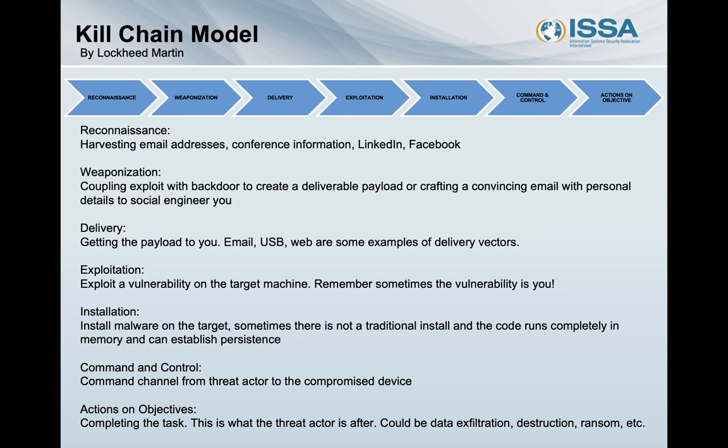And then that delivery, whether it's a phishing email with an attachment, that's a Word doc, might have a macro in it, and it's going to exploit a vulnerability on your system. And that vulnerability may be a problem with Word, or you may be the vulnerability. Maybe it just needs human interaction to click the yes, run macros on my machine.